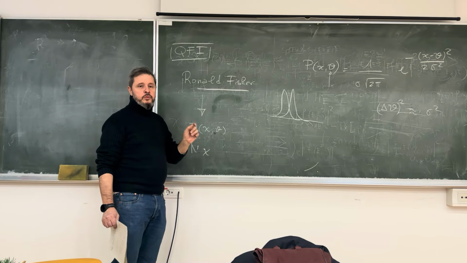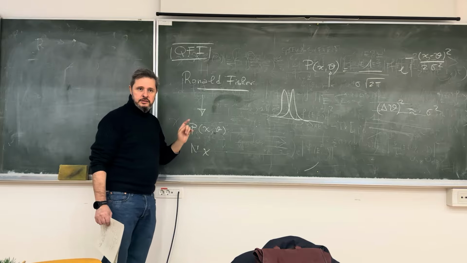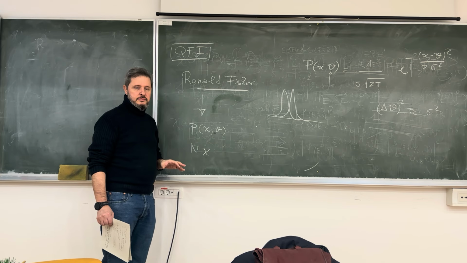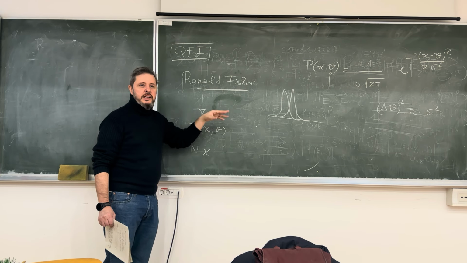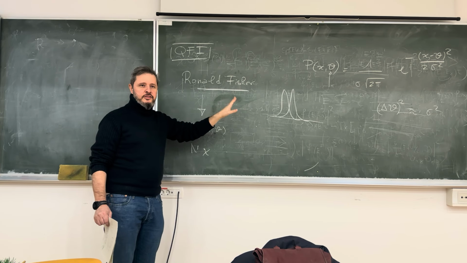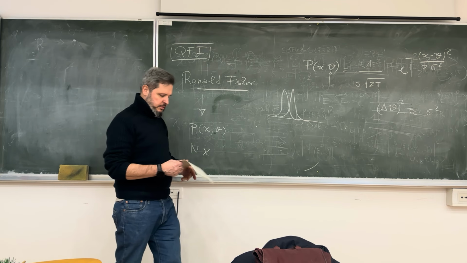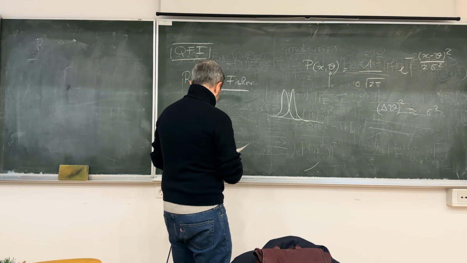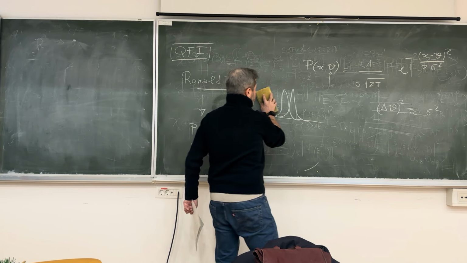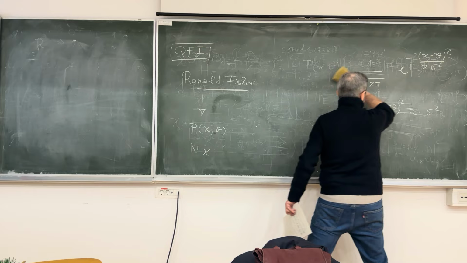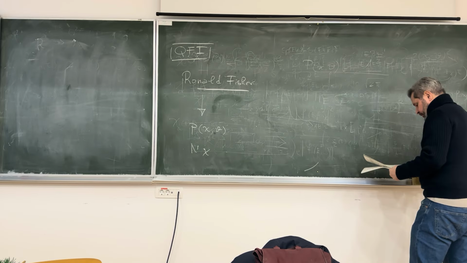And the question is, what is the best accuracy you can hope of getting to determine theta? Okay? Now you can tell me how is this related to quantum systems out of equilibrium, etc. We'll see that. But let's stick to this problem. So, in order to answer this question, Fisher introduced the concept of Fisher information.